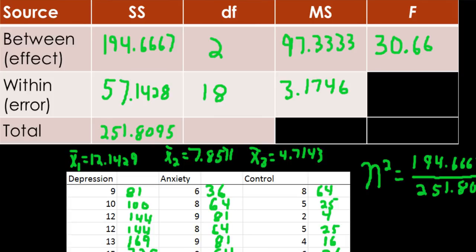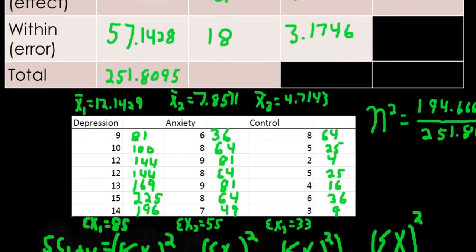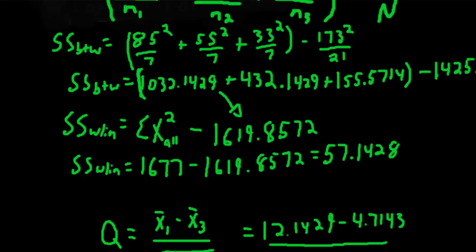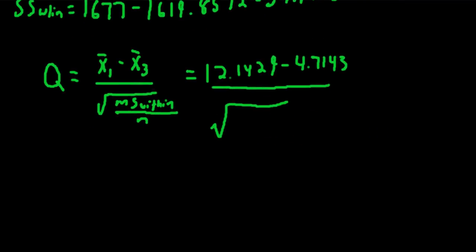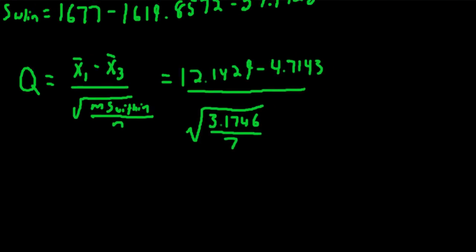MS within is 3.1746, divided by our sample size, which here is 7.